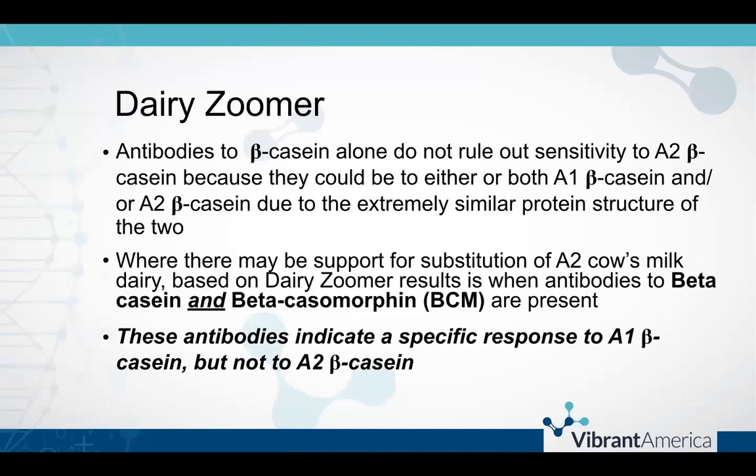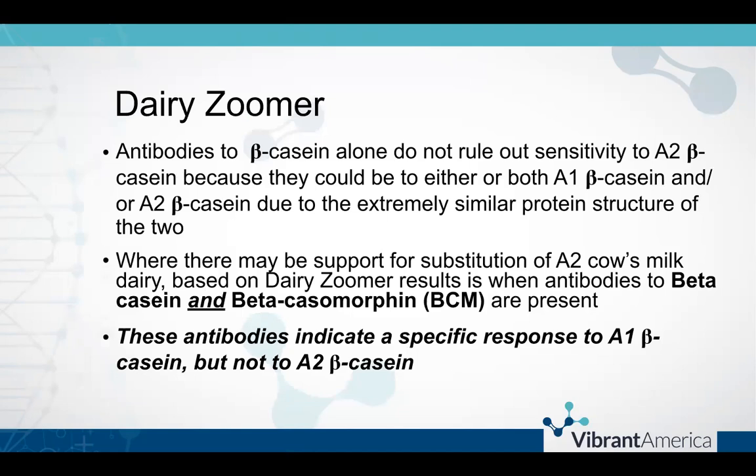Where there may be support for substituting A2 cow's milk based on Dairy Zoomer results is when you see antibodies to beta casein and antibodies to beta casomorphin. If you see both of those, that is indicative of a specific response to A1 beta casein, but not to A2 beta casein. And we'll talk a little more about why that is. We'll get into a little bit of biochemistry there of protein hydrolysis.